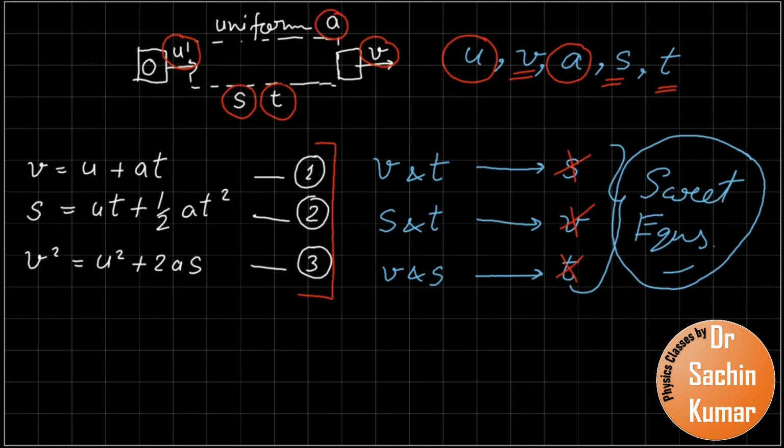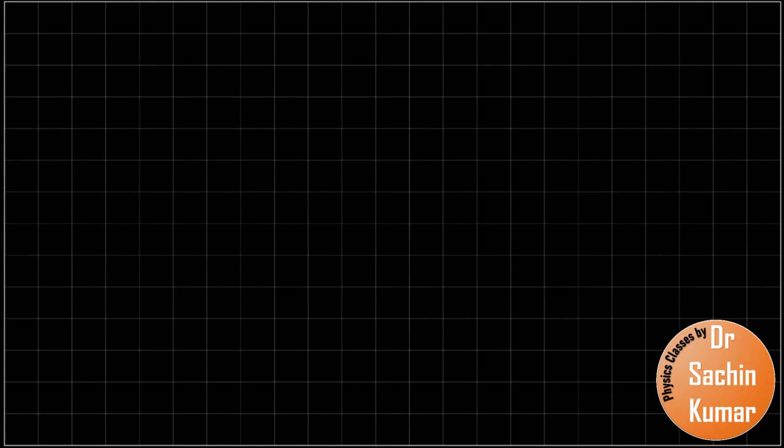Now let us look at how to solve a numerical using this understanding. Let us move to our second page and consider a random example. An object is left from a height h from the ground. Obviously its initial velocity is 0, and acceleration is equal to acceleration due to gravity.